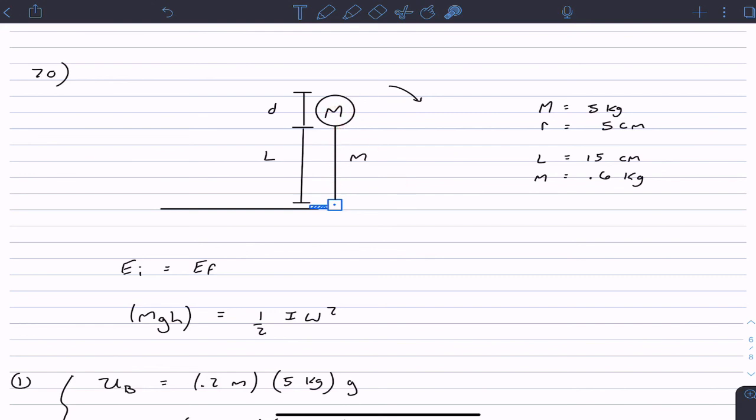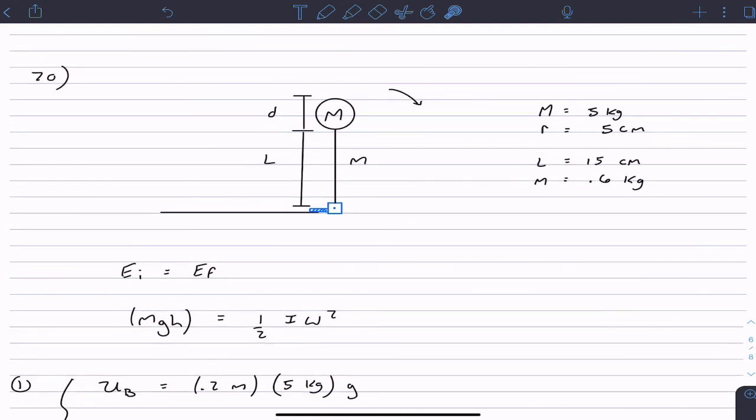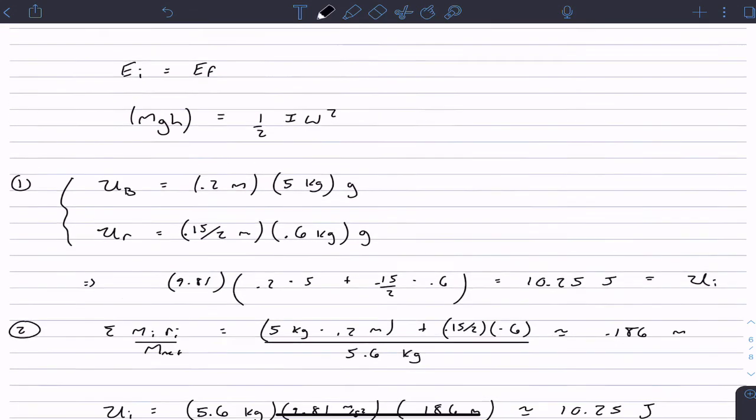And then for a particle, we're modeling this as a particle on top of the rod. For a particle rotating around an axis, this is going to be mr squared, where r in this case is L plus little r, so that's 0.2, right?